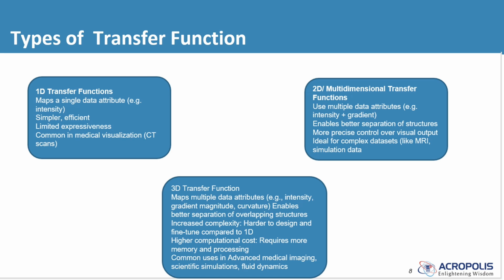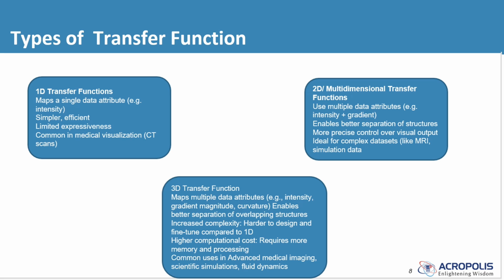2D transfer functions, also known as multidimensional. They use multiple data attributes, enable better separation of structures, and are used for complex visual output such as MRI. 3D transfer functions. Now in the 3D transfer function, multiple data attributes are used.